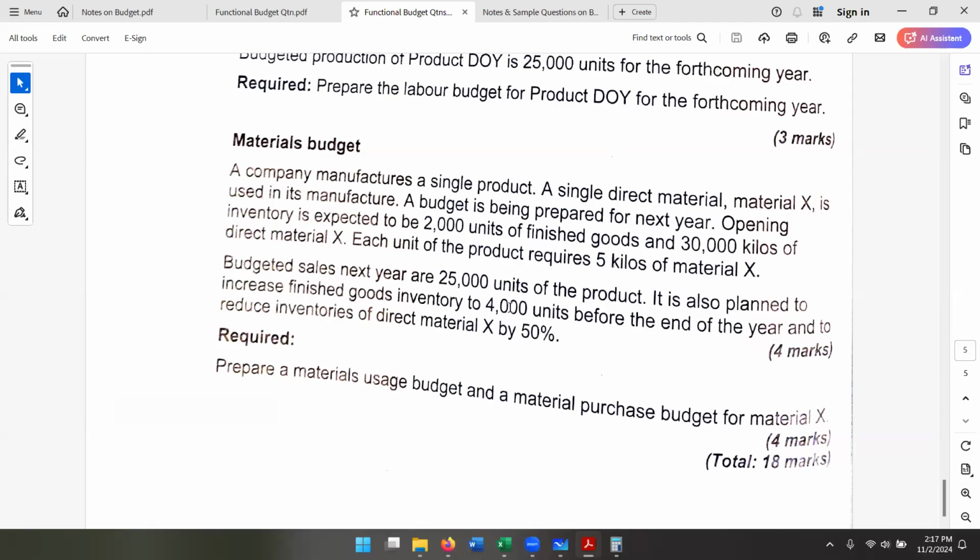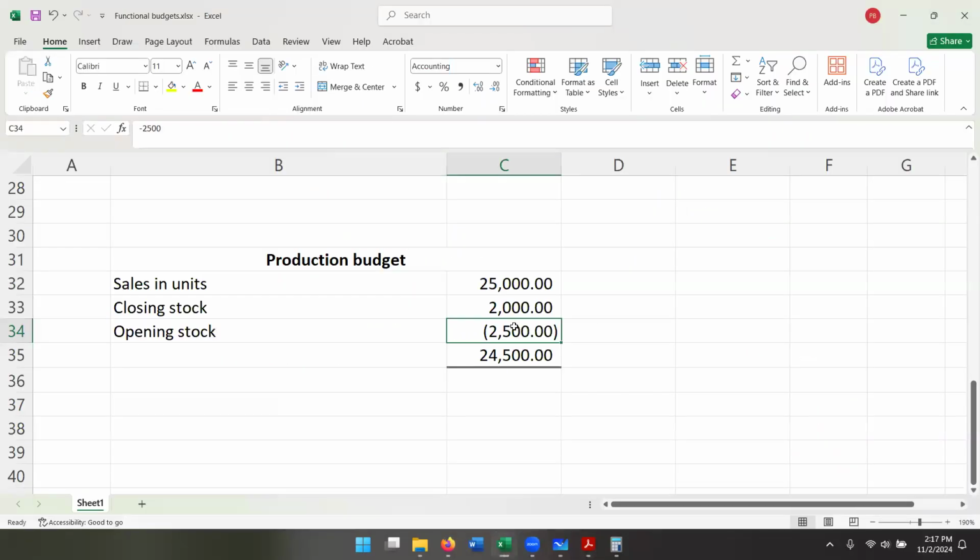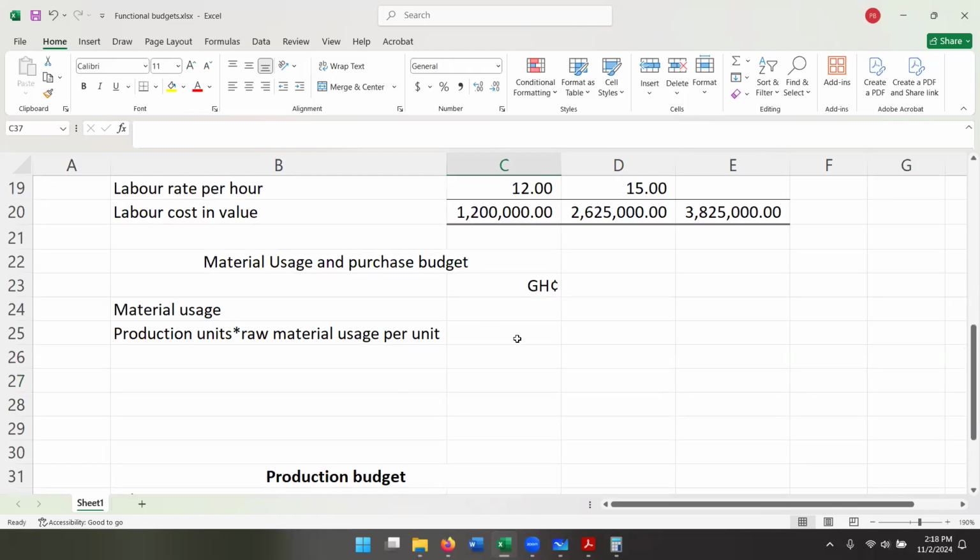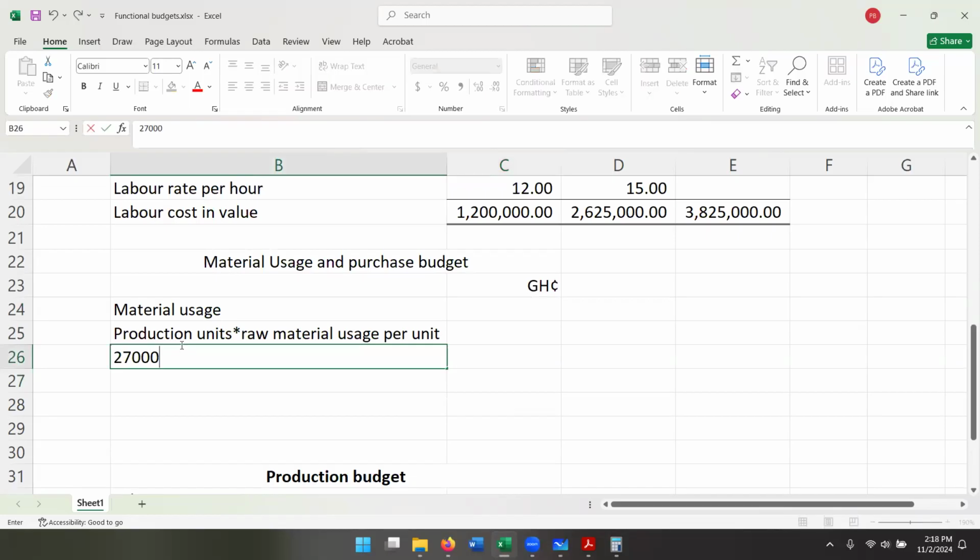Anytime you hear of increasing inventory to something, we are talking about the closing stock. So opening is 2,000, closing will be 4,000, and that gives us 27,000. Production units will be 27,000.